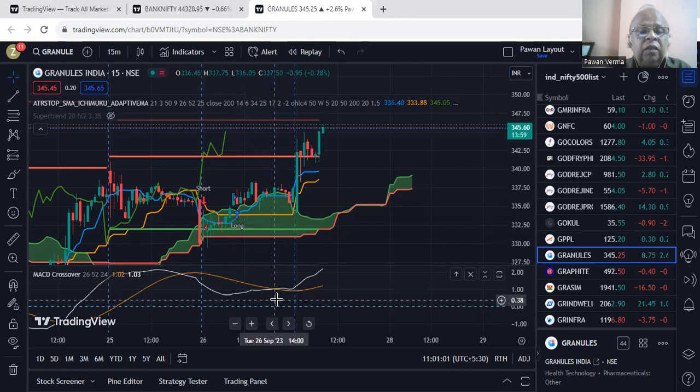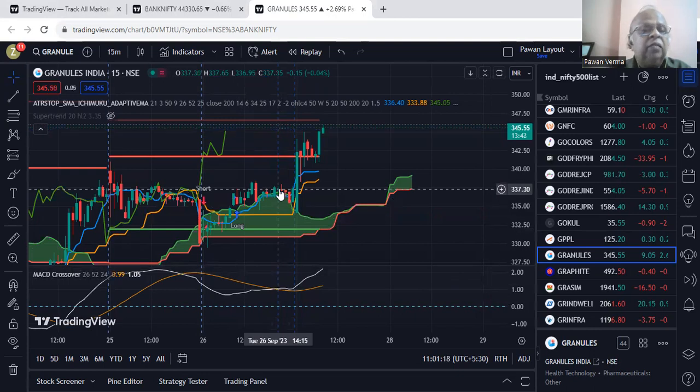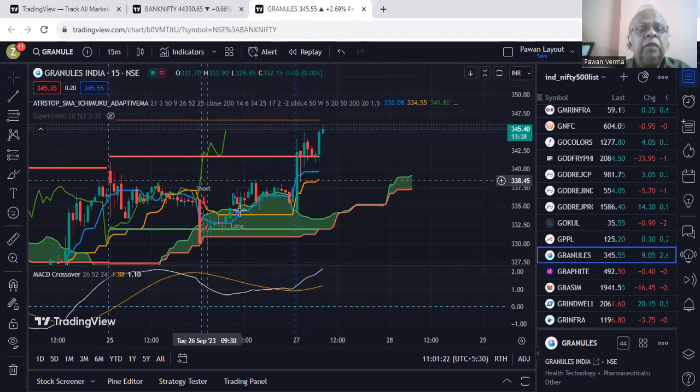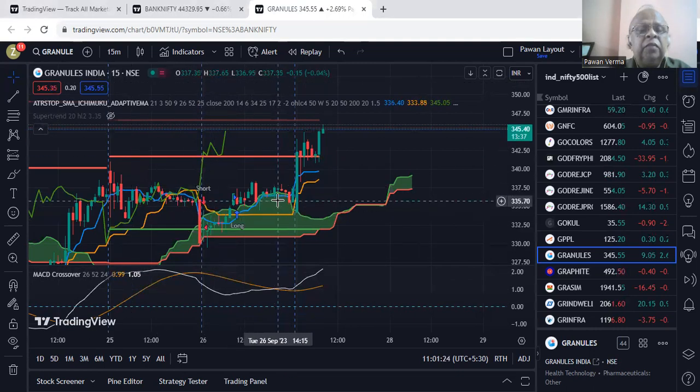We have got the confirmation at around, say, yesterday at around 2:15 p.m. and accordingly we have just marked this candle as a trend confirmation candle. See, we are analyzing the 15-minute chart here and this is the trend confirmation candle.